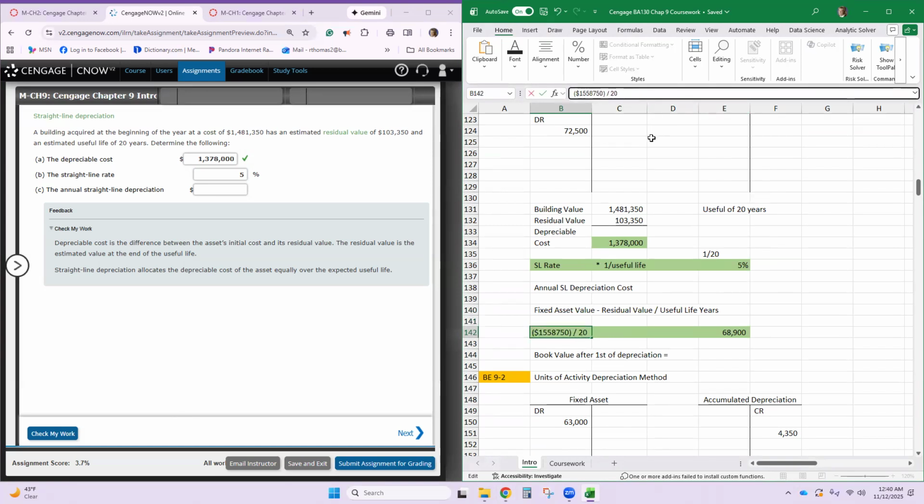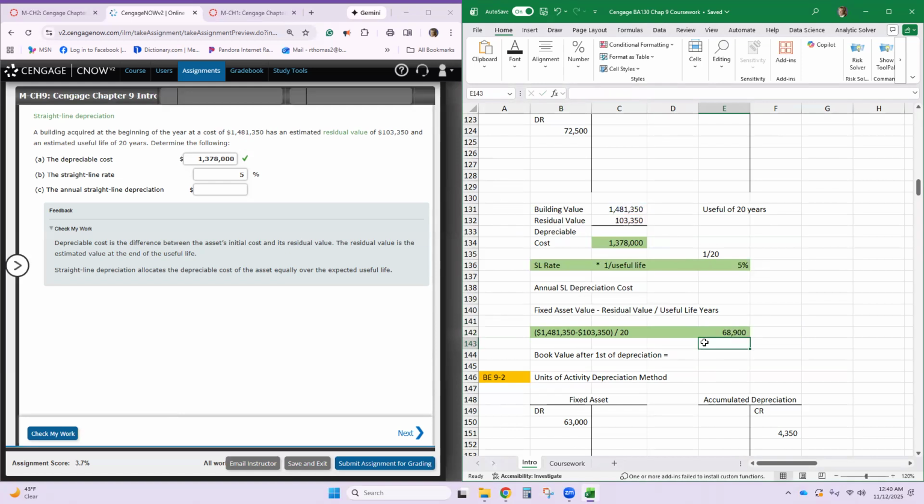1,481,350 minus the residual value, which is 103,150, divided by 20. So if I got this here.